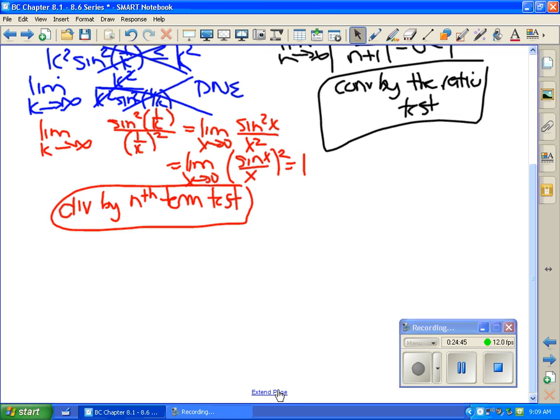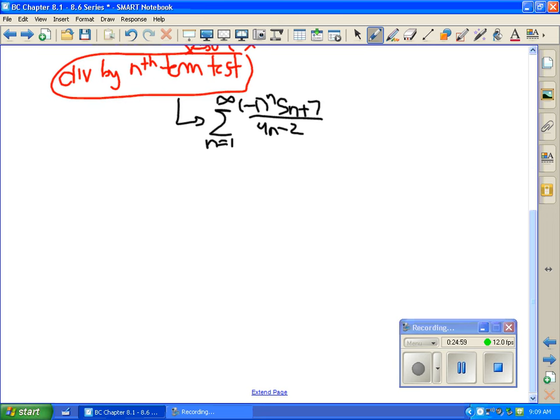I guess another place that we saw the nth term test was with our alternating series. So let's say I had a series like n equals 1 to infinity, negative 1 to the n, 5n plus 7 over 4n minus 2. So remember, one of the requirements for alternating series was that you take the limit as n approaches infinity of just the positive part.